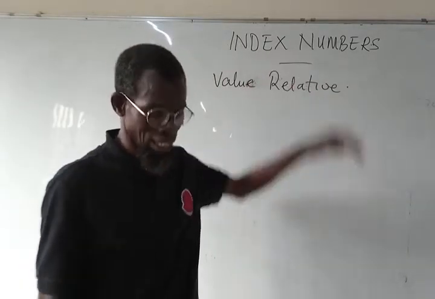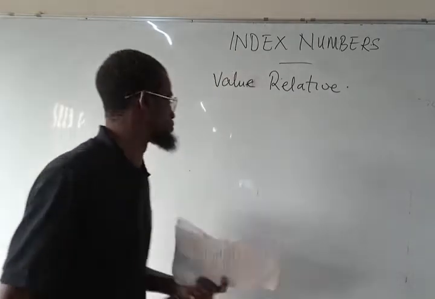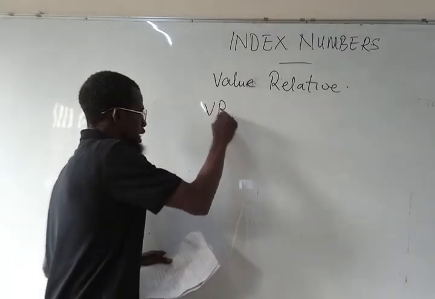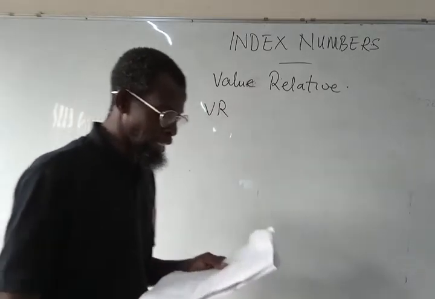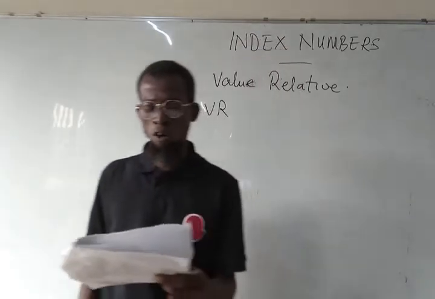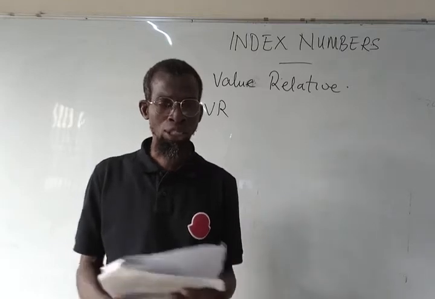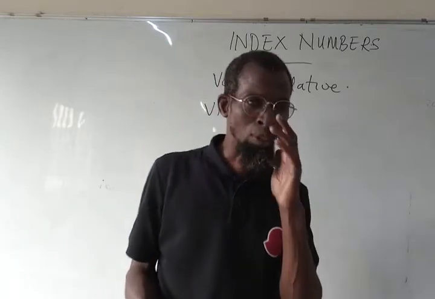Price index number. So the price relative, which we represent as PR, is the ratio of the value of the output of a goods or service.